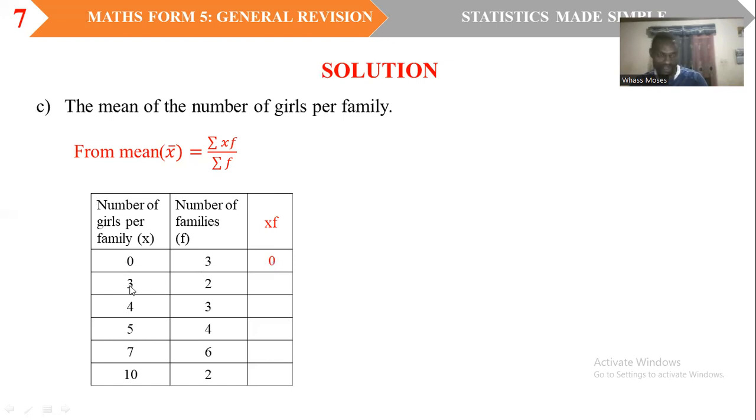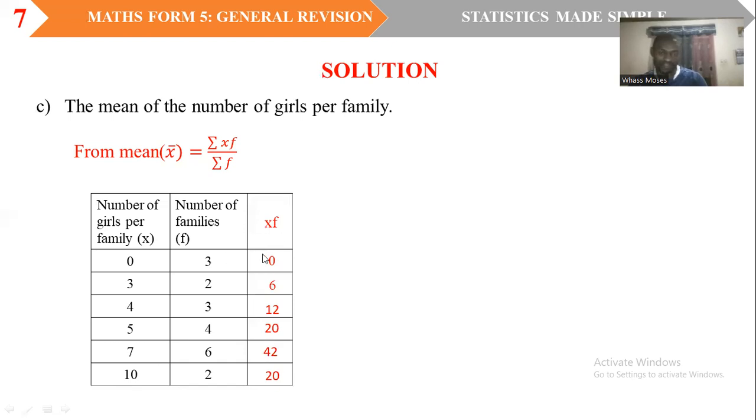Now, here, 3 times 2 gives 6. 4 times 3 gives 12. 5 times 4 gives 20. 7 times 6 gives 42. And 10 times 2 gives 20. So this is how we fill the XF column.